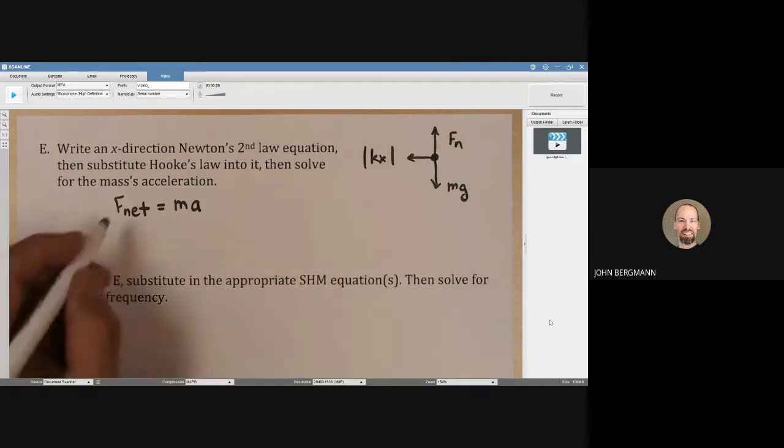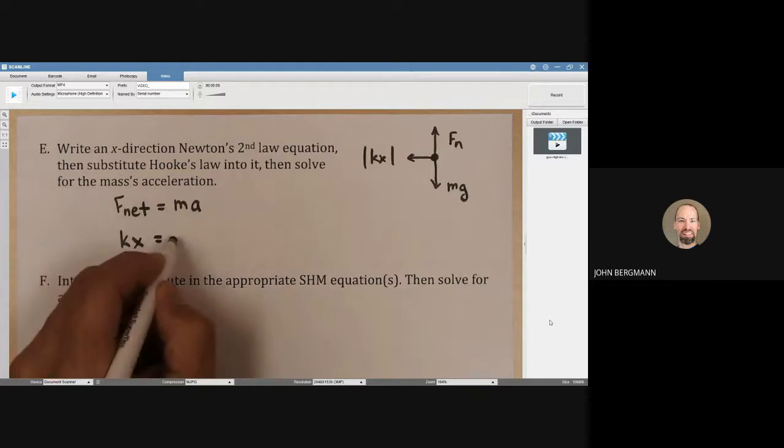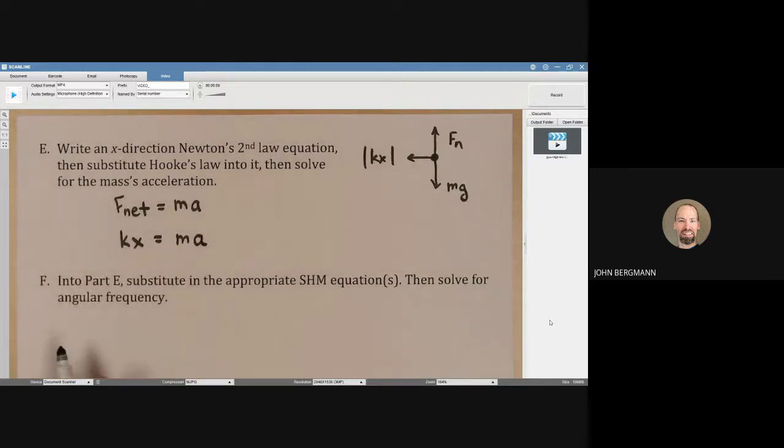The net force on this is, I'm just going to write it as k times x for a second, and that should equal the mass times the acceleration. Now, here's the thing. When the displacement is to the left, then the acceleration is going to be in the direction of the net force, which is to the right.